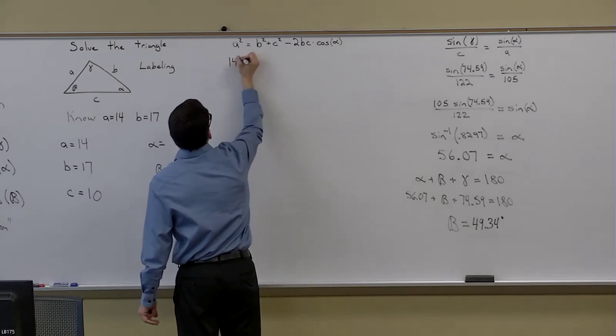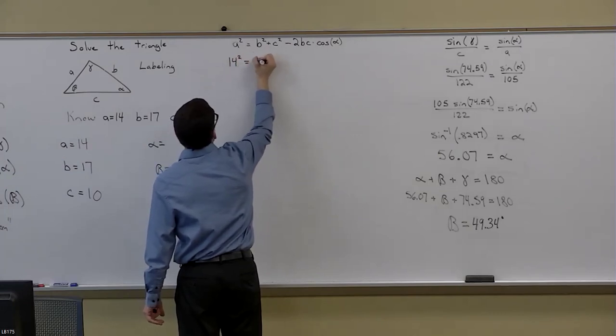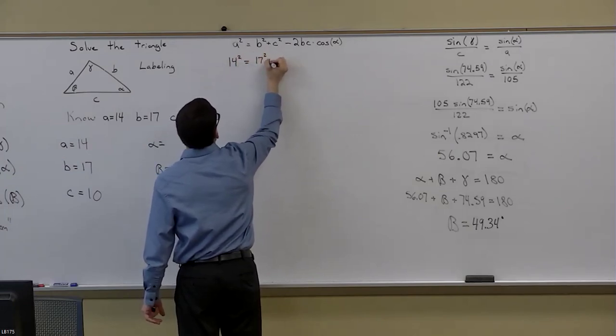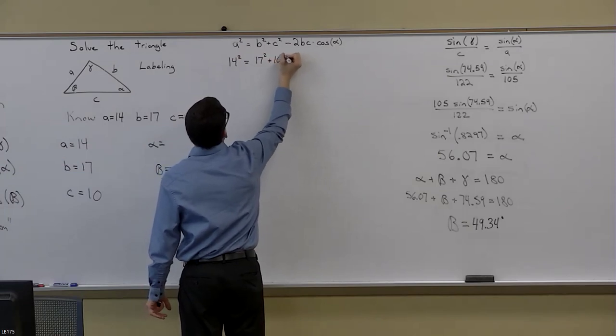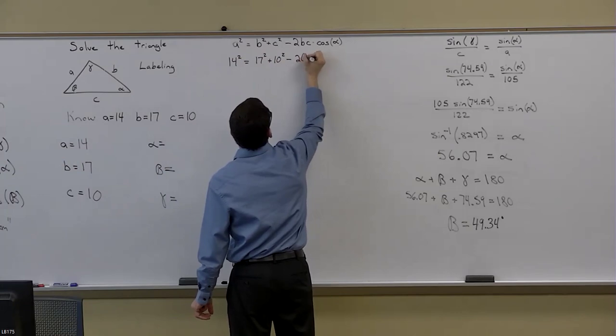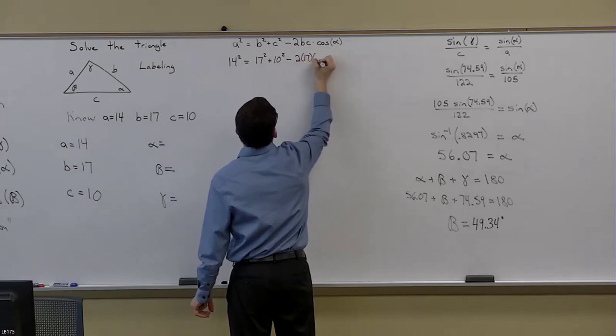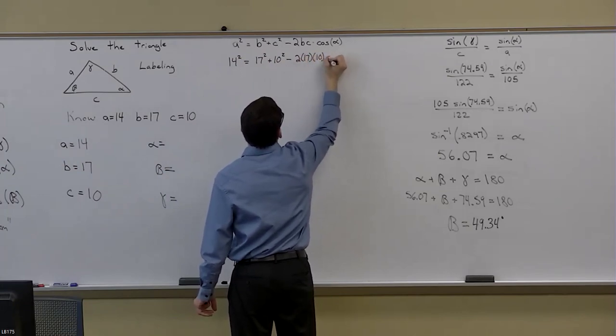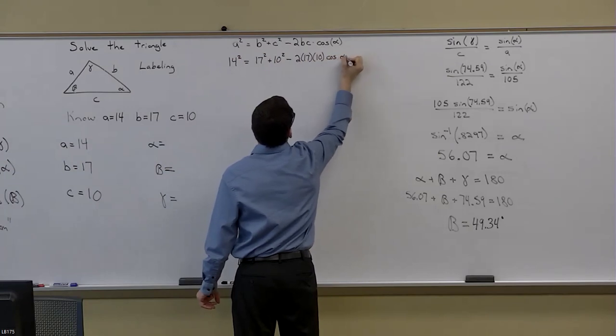So we have 14 squared is equal to 17 squared plus 10 squared minus 2 times 17 times 10 times cosine alpha.